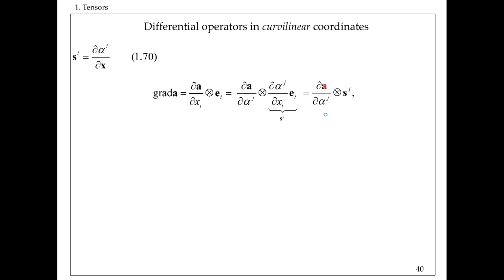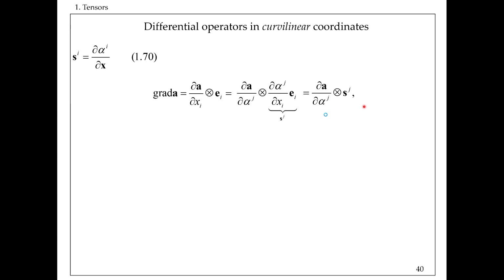And again, a can be written in different coordinate systems, in Cartesian, or in curvilinear coordinates, depending on what is more convenient for us. If we write it in, say, the cylindrical coordinate system, then it is more convenient to take the derivative with respect to alpha, which will stand for radius, for angle phi, and for height z in this case.